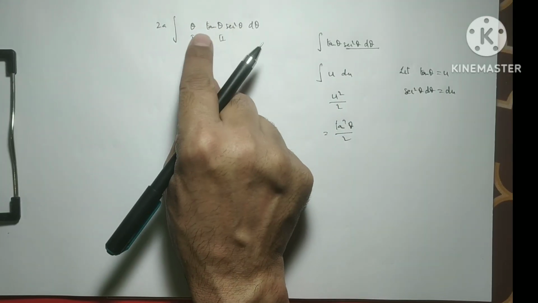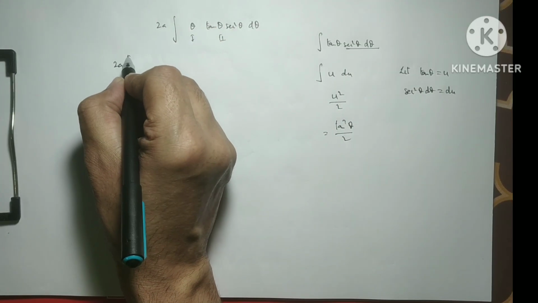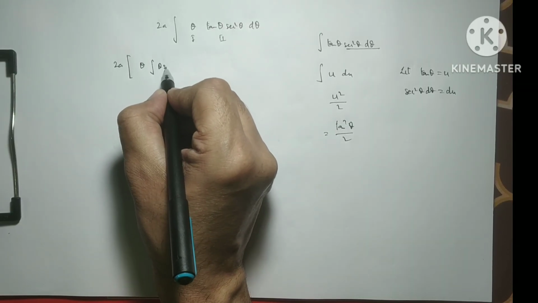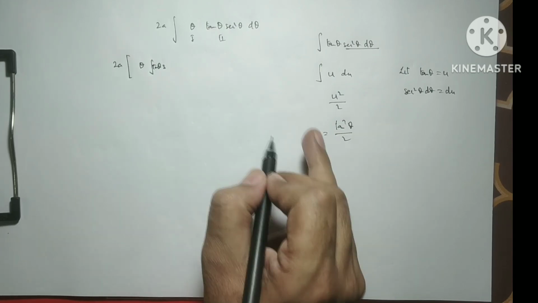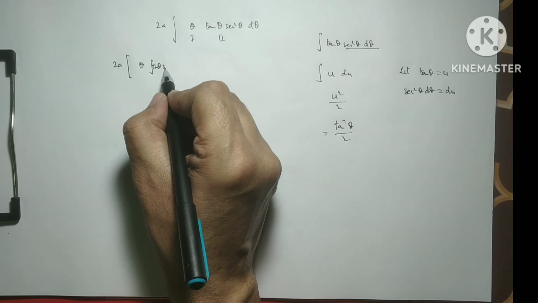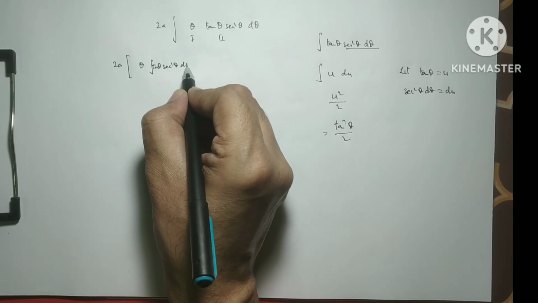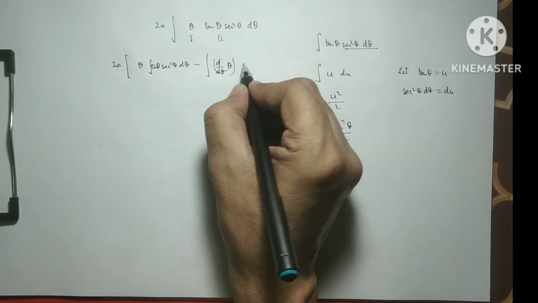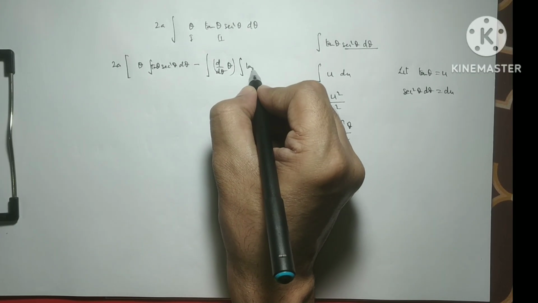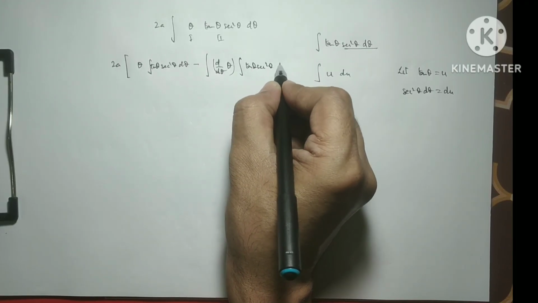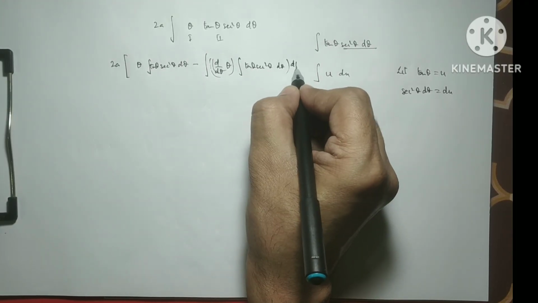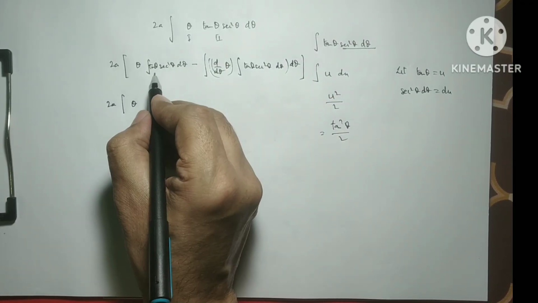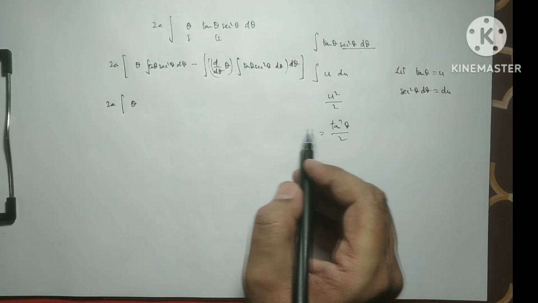Now we apply the by parts method. It is 2a, theta as it is. We integrate the second part, which is actually equal to this, minus we differentiate the first part and integrate the second part, and once again integration. So we have 2a theta and the integration of this part is tan square theta by 2.